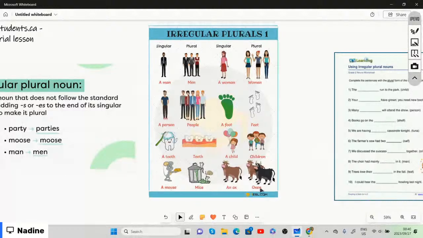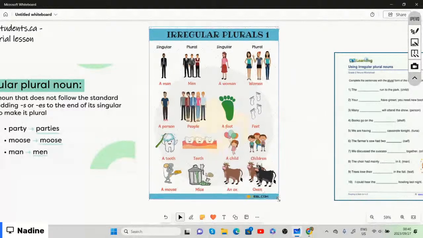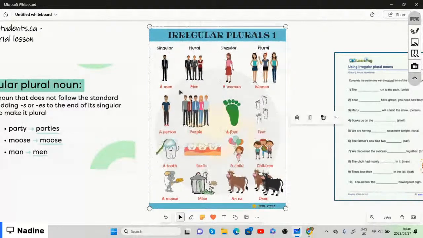And if we look at these pictures in front of us, singular here we have a man, and plural we have men. The same with mum, a woman at home, and the other picture shows three women.